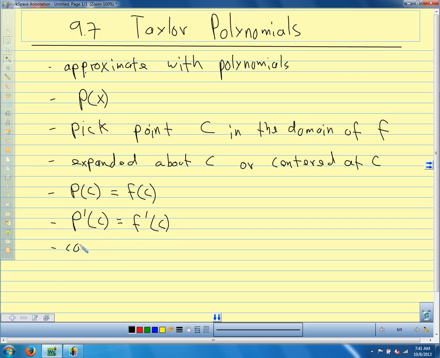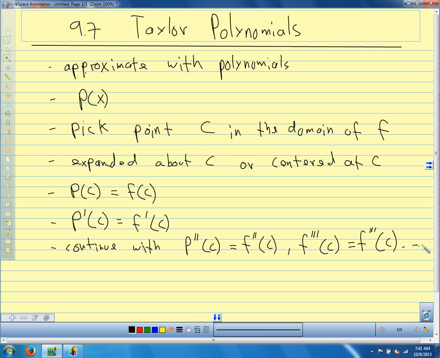So we continue. We're going to say that p double prime at our point has to equal f double prime at our point, the third derivative has to be the same, for as many terms, as many pieces as we want, as close as we want our approximation to be.